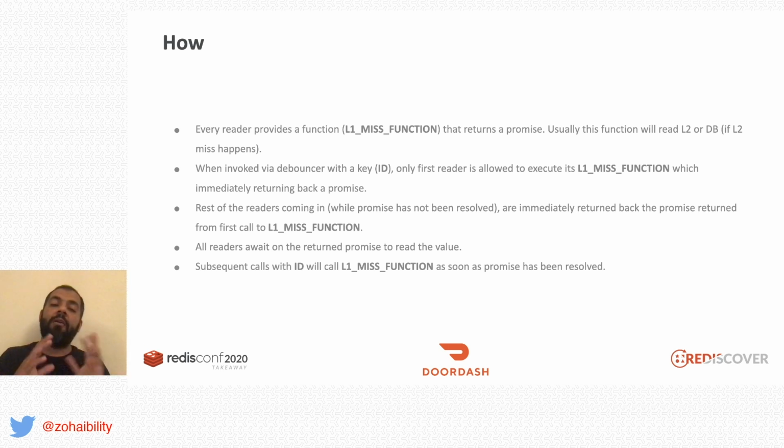So we need to have all this fault tolerance in this function, but the advantage you get is that only one reader goes ahead and does the read, which usually causes less load and hence a lesser chance of load on your database or your Redis.